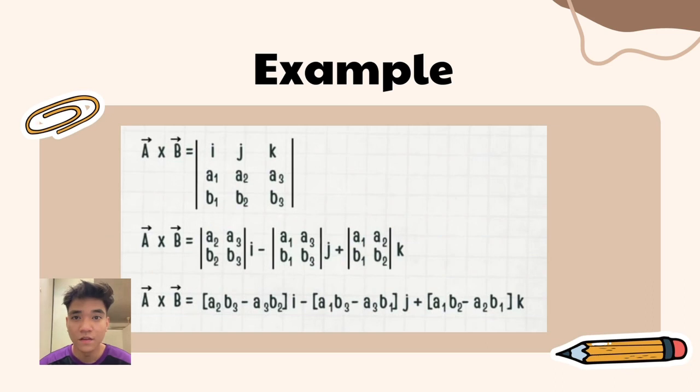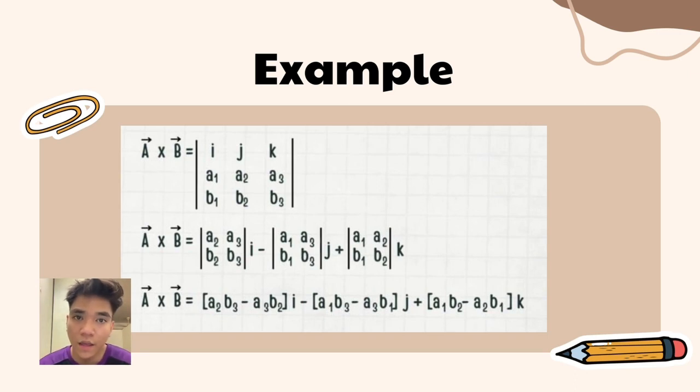For example, the cross product of vector A and vector B is equal to the determinant with rows i j k, A1 A2 A3, B1 B2 B3. Remember, plus minus.